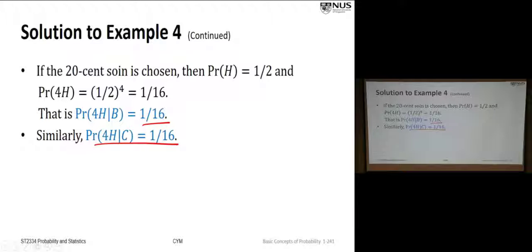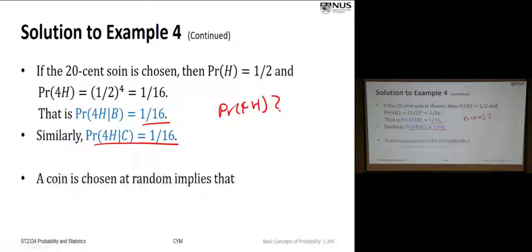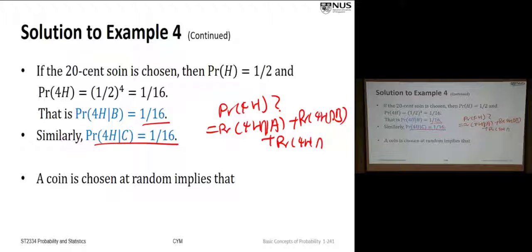Then you ask yourself, what is the probability of getting 4 heads? It will be the probability of 4 heads intersect A, plus the probability of 4 heads intersect B, plus the probability of 4 heads intersect C. That means getting 4 heads from the 10 cents coin, or 4 heads from the 20 cents coin, or 4 heads from the 50 cents coin.